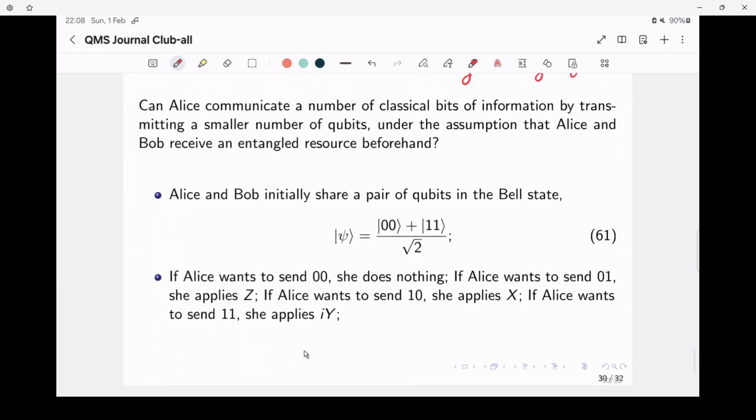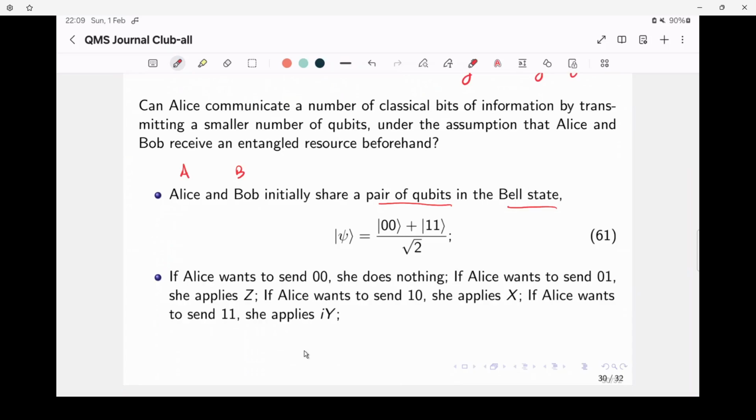Initially, Alice and Bob share a pair of qubits in the Bell state. So this is the Bell state. Alice takes one qubit, let's say qubit A, and Bob takes qubit B. It means that before the communication begins, Alice and Bob have to share a pair of qubits in the Bell state. They are already entangled.